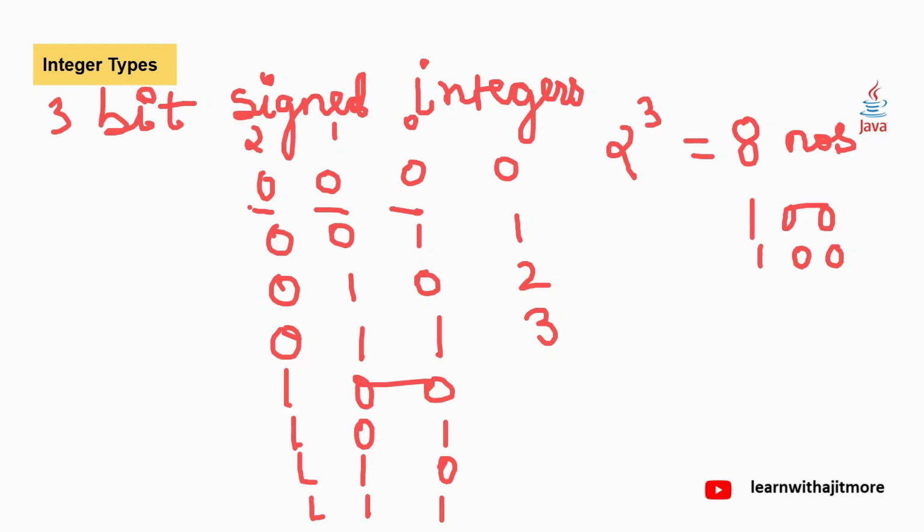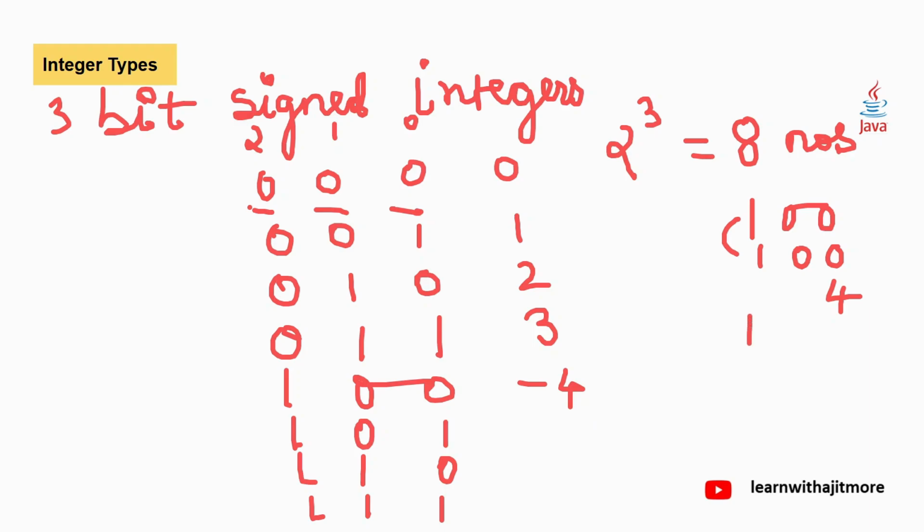Now its decimal: this is 1, this is 2, this is 4. It is 4. But remember, I will not write 4, I'll write -4, because I have not got the decimal from the direct binary, I have got it from the 2's complement. This was your original binary, then you created the 2's complement, and when you get the decimal of the 2's complement, you have to give a minus sign.